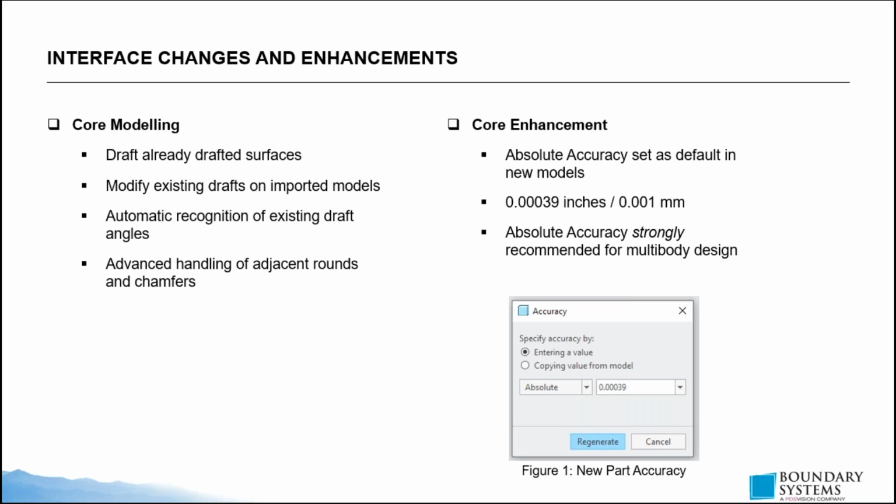And again, absolute accuracy is something that's strongly recommended for multi-body design, and so now absolute accuracy is the default that new models in Creo 7 are going to be using going forward. Again, if you open a legacy model from Creo 6 and earlier, if it was created in relative, it'll still maintain its relative accuracy setting unless you change it manually. But any new model created from Creo 7 onwards will by default be set to absolute accuracy.